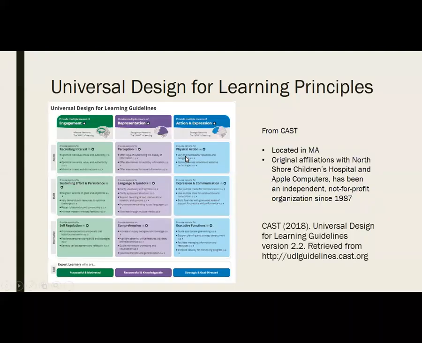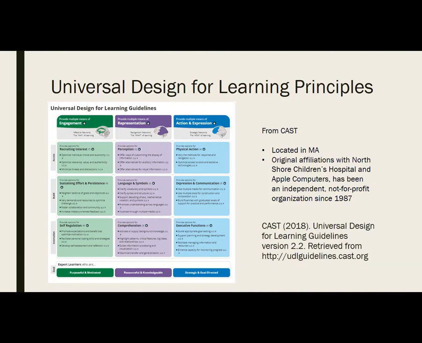Yeah, so here we have a chart, and it's the Universal Design for Learning guidelines. As we have earlier stated in the previous slide, you have 3 major principles. And as we have here, the first one is about engagement, the second is about representation, the third is about action and expression.